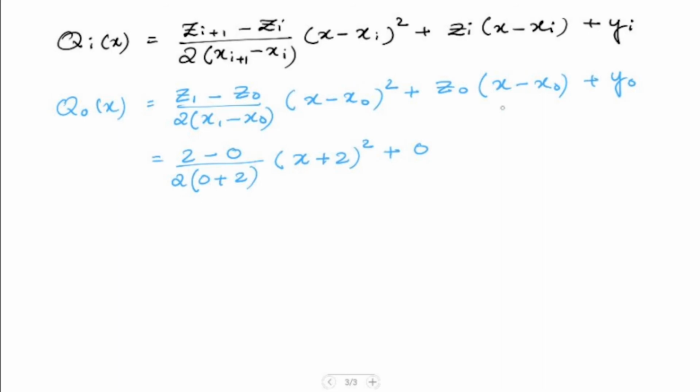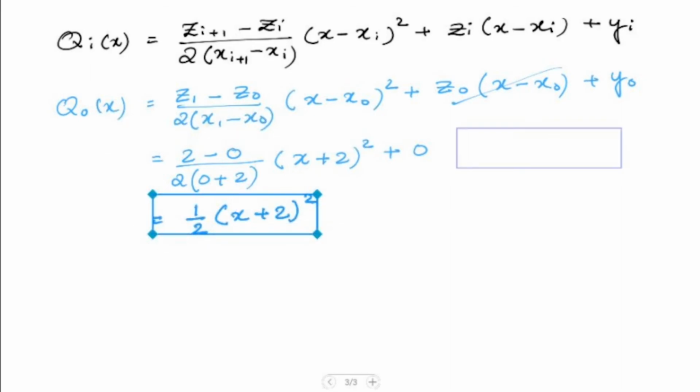So 0 times anything, this entire term would be 0, so we'll not write that down. And then we have y0 is 0. Solving this, 2 minus 0 is 2, divided by 2 times 2 is 4. So 2 divided by 4 is 1/2 times (x plus 2) squared. That's Q0. Maybe I'll write it at the top.